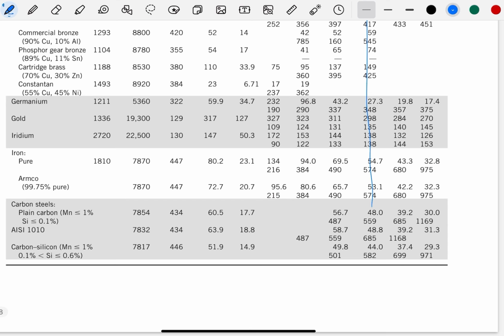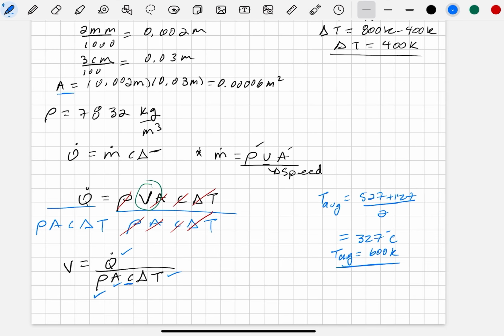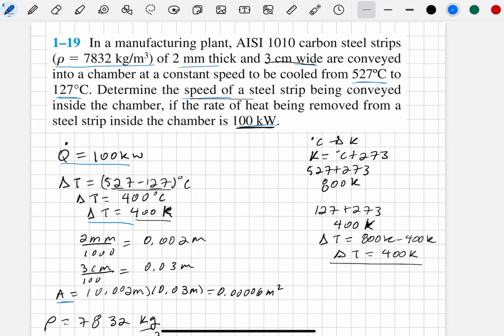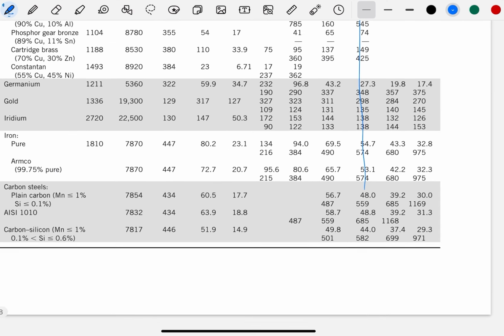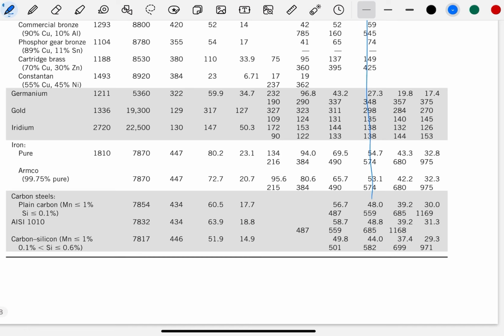And they're looking for this type of material, which means that if I go here, I have this 2. So my specific heat is going to be 685.